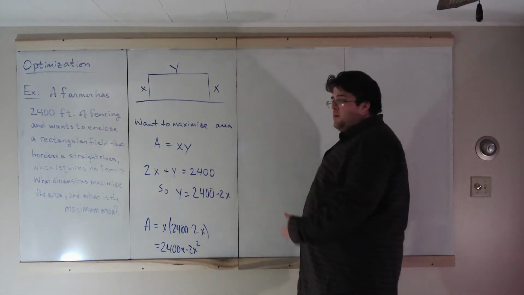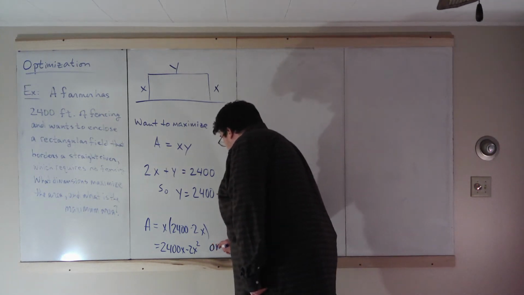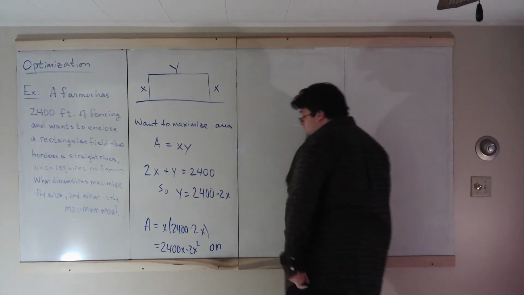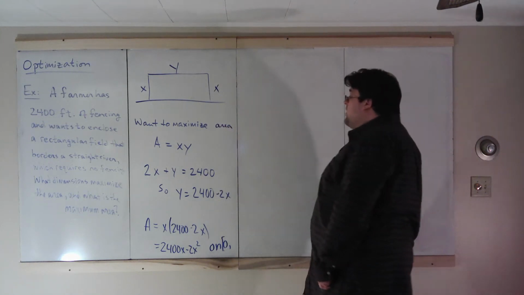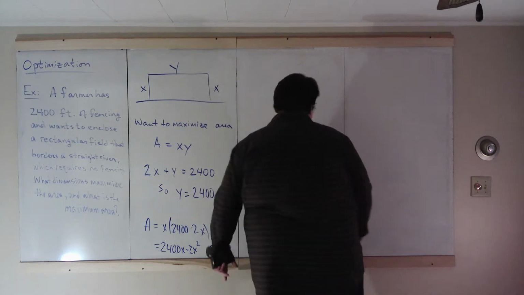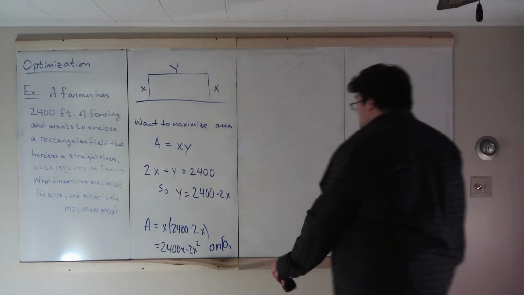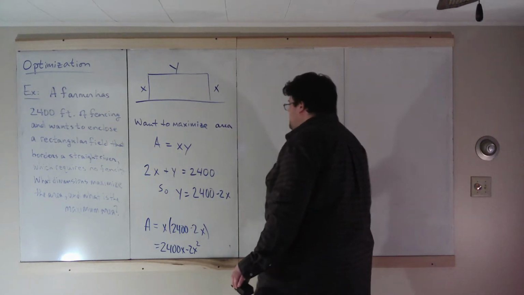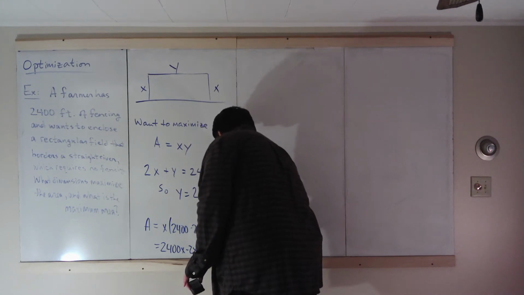The smallest it can be is 0. The largest is 2,400. When does that happen? That happens when x equals 0. And what is the smallest that can be? Well, the smallest y can be is 0, which happens when x is 1,200. So that gives us our interval 0 to 1,200. So I'll write that here, on 0 to 1,200.